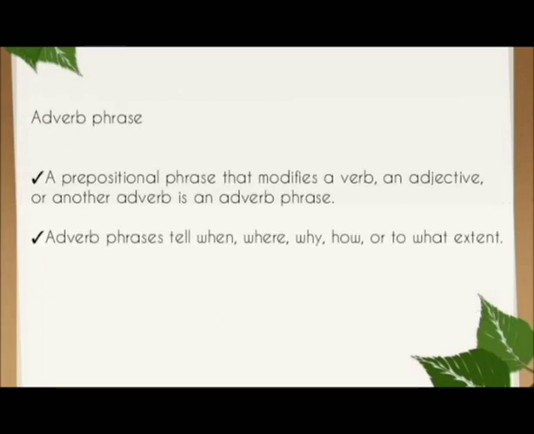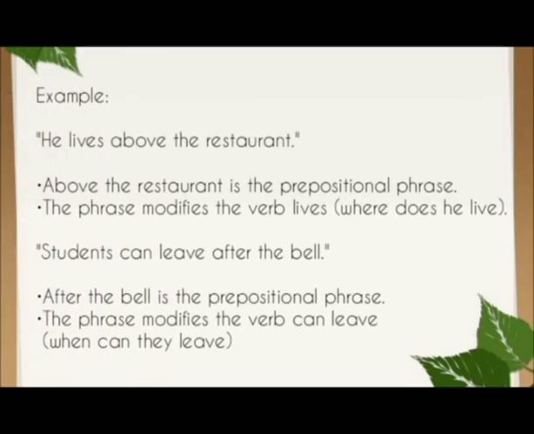Okay, the next is adverb phrases. A prepositional phrase that modifies a verb, an adjective, or another adverb is an adverb phrase. Adverb phrases tell when, where, why, how, or to what extent. And then the example of adverb phrases. The first is he lived above the restaurant.